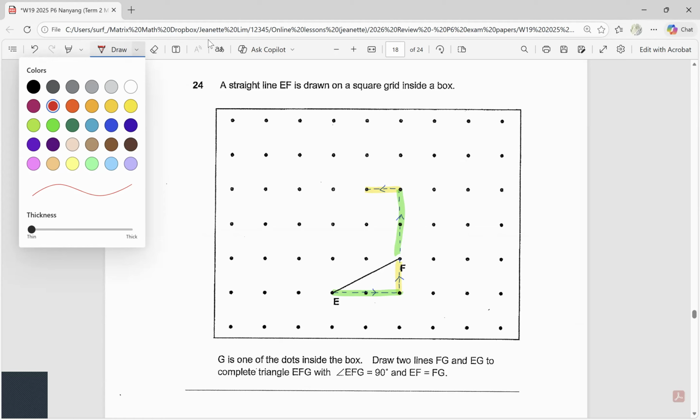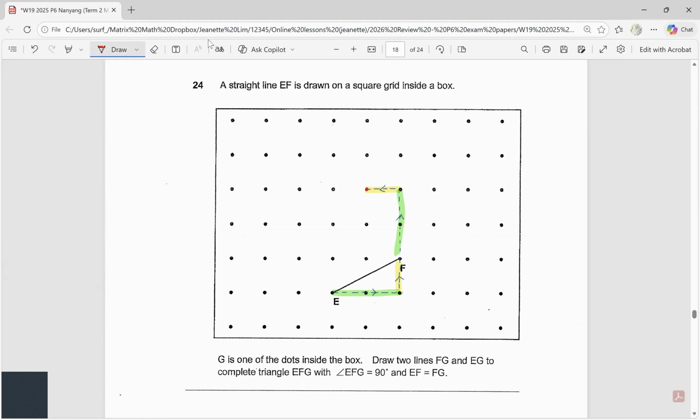So I know I can connect now from this point here to F. And that will be equal in length, perpendicular. So this is G. So I have FG. Now I just need to connect EG. Okay, use a ruler for that. Now this is what your triangle should look like.